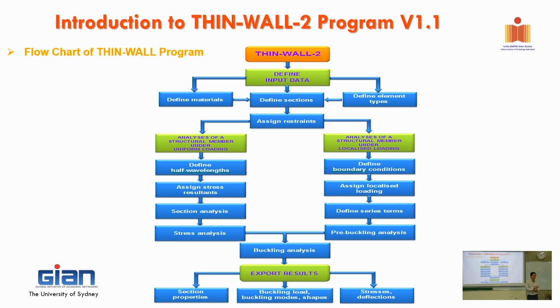Uniform loading is when you are looking at how to design the columns, the beam, or shear. They are all uniform loading along the member, so that is how you follow on the left here. On your right hand side is when you would like to design for localized loading.